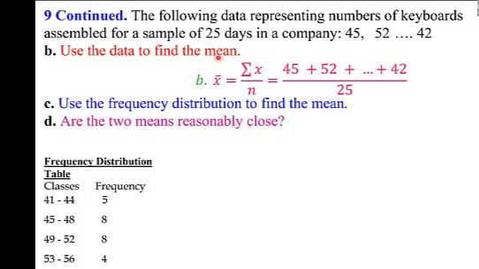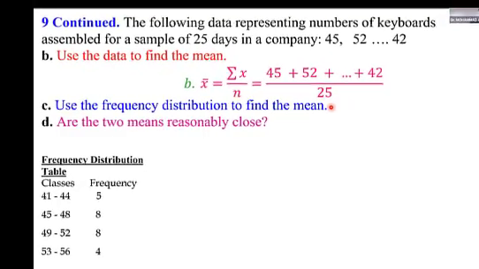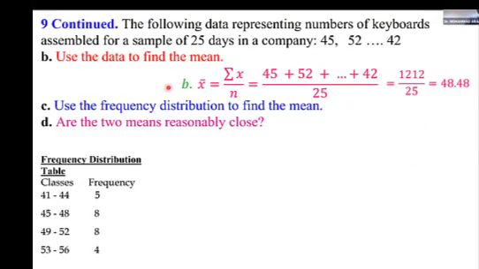We add up all the numbers that we had from 45 all the way to the last one, which was 42, and we divide by the total size of 25, or n. That gives us the x bar. This is the precise mean from the total data that is available to us. So how do you calculate x bar? Summation of x over n. Just plug in, add them up, divide by size.